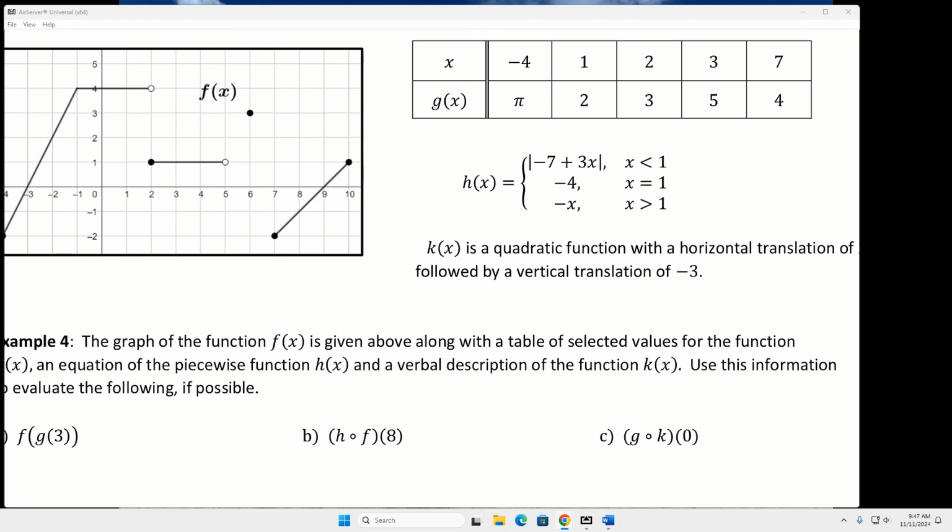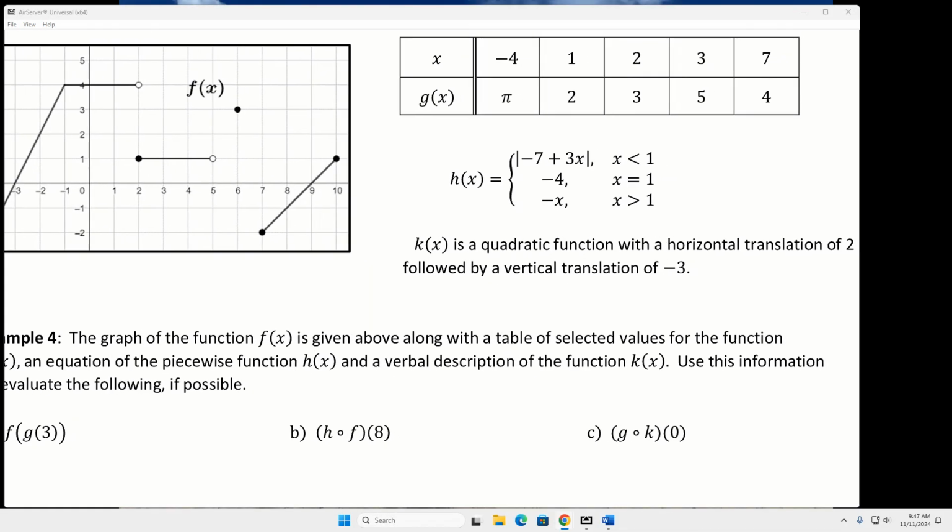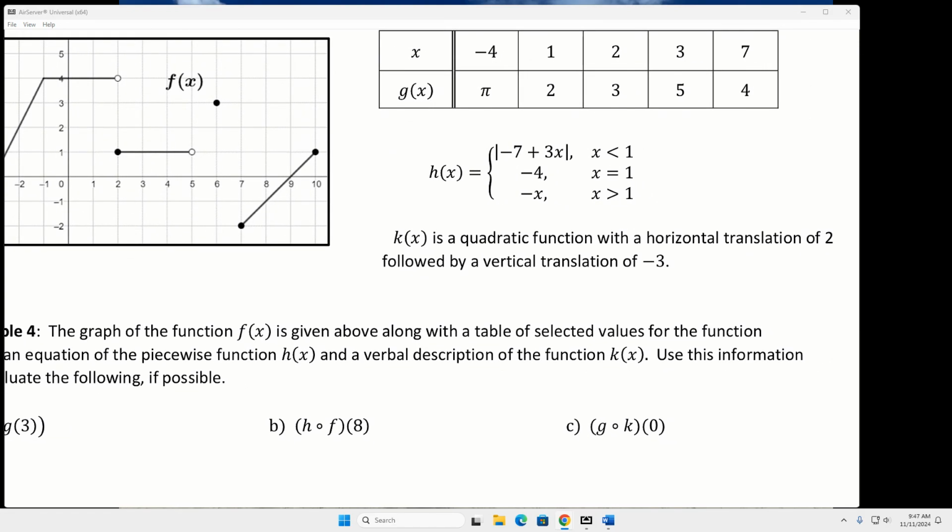It's pretty smart. So K is going to be a quadratic function with a horizontal translation of 2 followed by a vertical translation of -3. So let's write that function. We're going to need it to do any of these that involve K. So I know if there is any kind of horizontal transformation, it's going to happen inside parentheses. So I'm just going to go ahead and do some parentheses. I'm going to put the square on the outside. That's how it would be for a quadratic function.